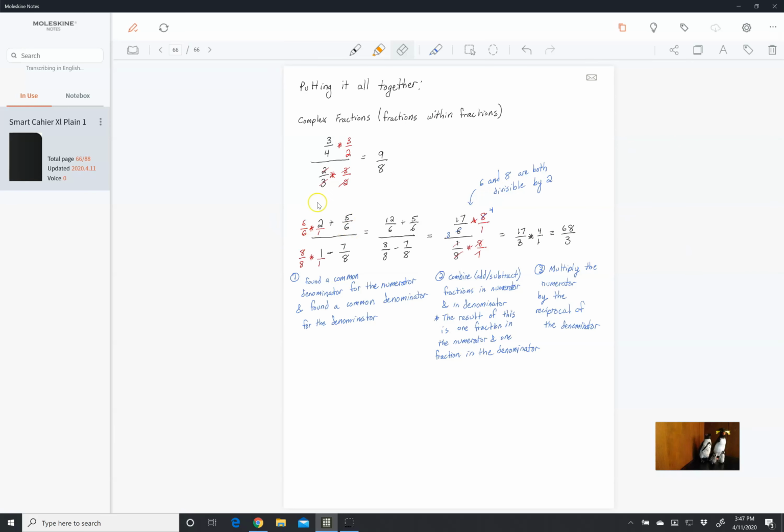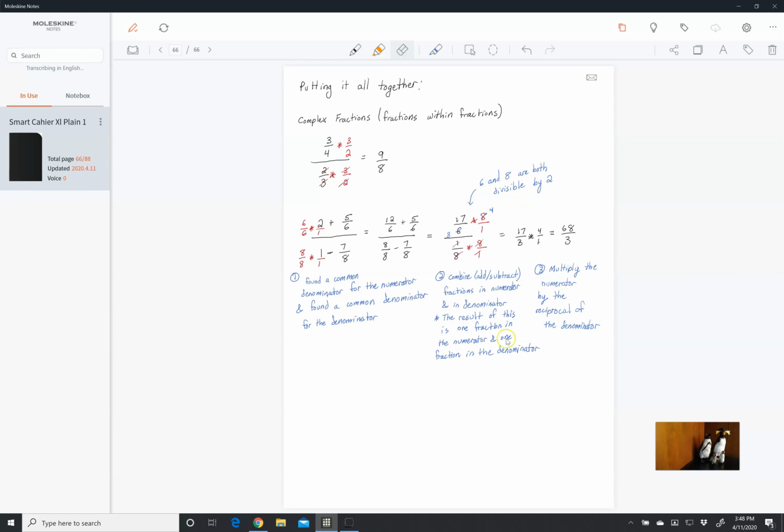You're combining the numerator, combining the denominator by finding common denominators. So you're doing addition and subtraction first. Then you're going to multiply by the reciprocal of the denominator. So what we're saying is multiply the numerator by the reciprocal of the denominator. The denominator just disappears here, okay? So again, this is just like expressions. And then, as always, reduce your final answer if possible.